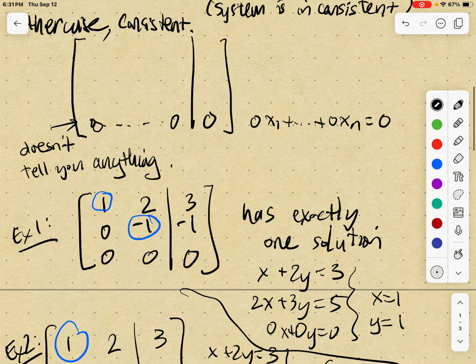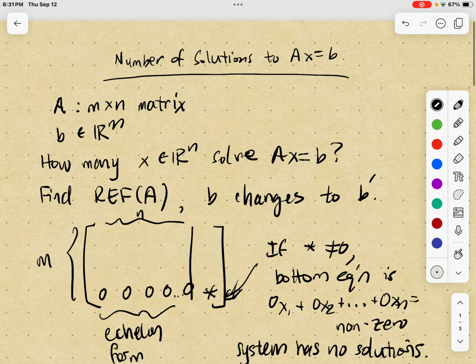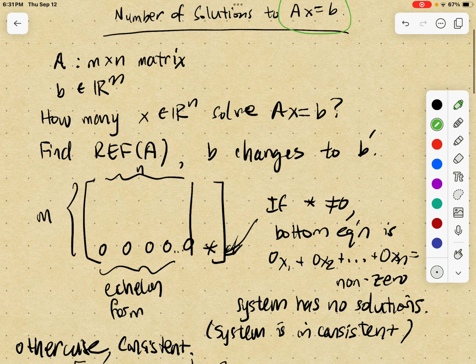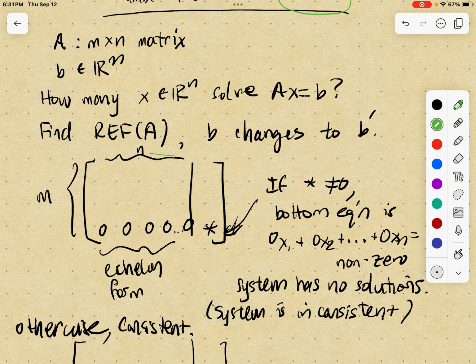Okay, so let's just summarize. You start off with this system AX equals B, right? You set up your augmented matrix, and when you row reduce, you're going to get this matrix here, which is your echelon form, and then some vector here, which is probably not going to be B anymore.